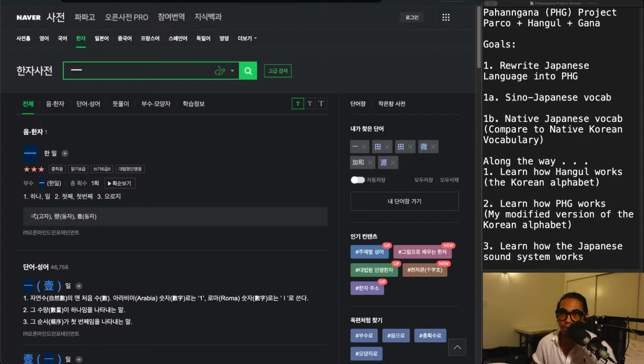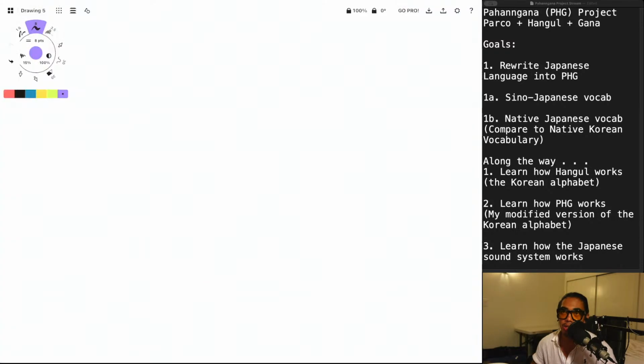Okay, so how does all of this work? How can we use all of this knowledge and write this here? I have my handy dandy iPad, so let's take a look at how we can write this Chinese character, just one, like that.